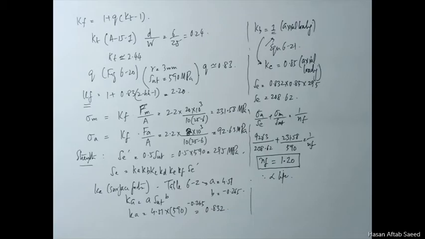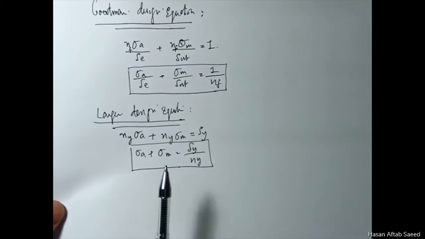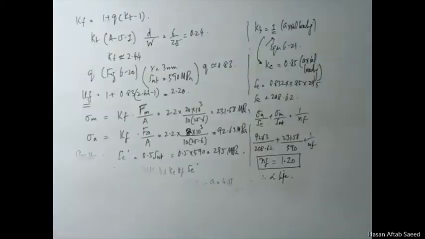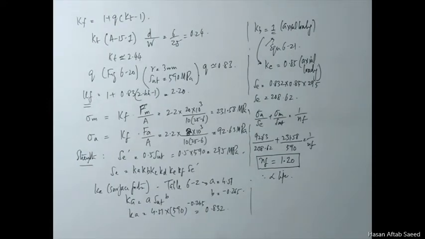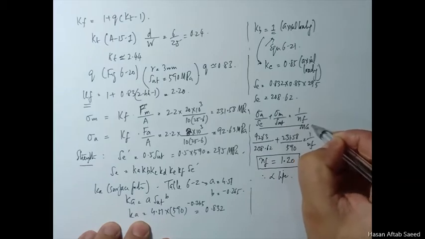Now we also have another mode of failure, that is the yield failure. So again, putting the values in this equation, this is your modified Goodman criterion.